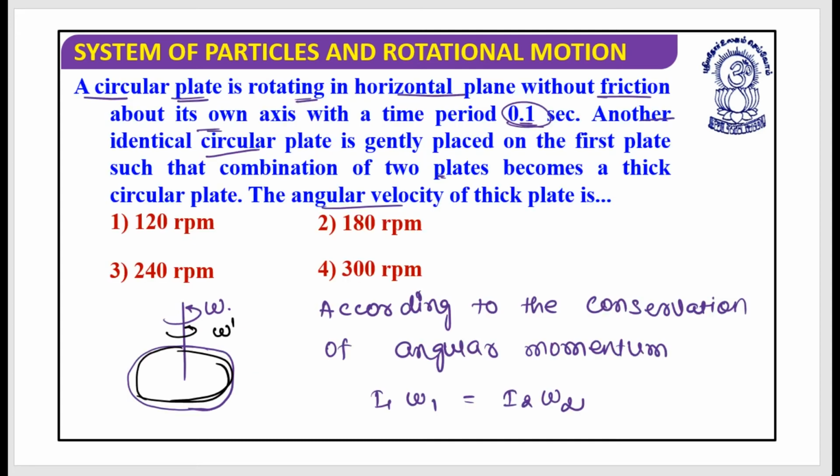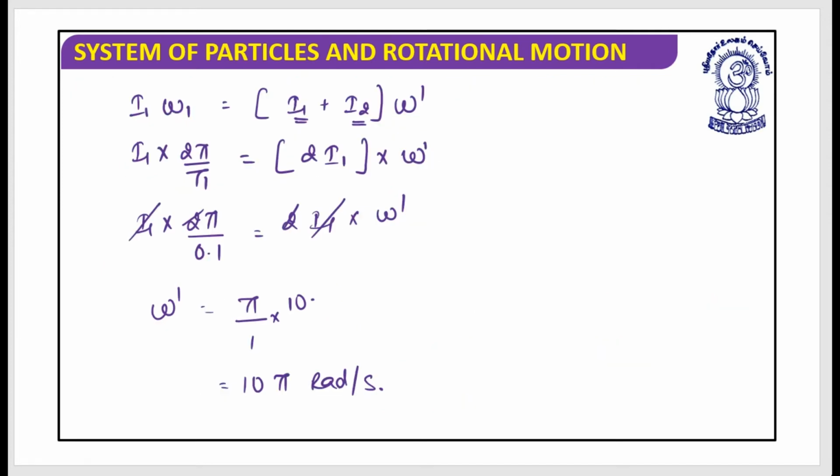But according to the options given, they require it in rotations per minute, and the answer we have received is 10 pi radian per second. So I need to convert radian per second to revolutions per minute. I hope you can do this. How can I convert radian per second to revolutions per minute?